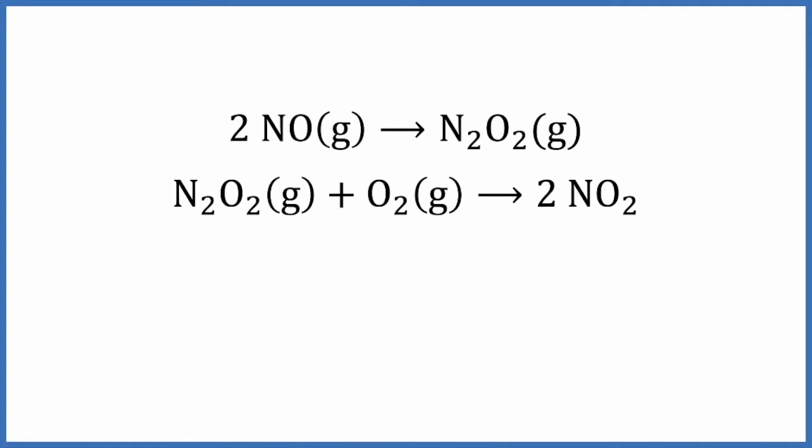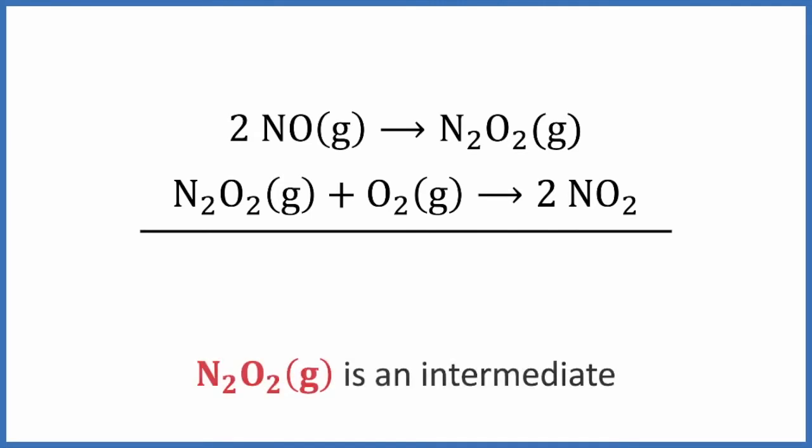The dinitrogen dioxide then goes on to react with oxygen to form 2 moles of nitrogen dioxide. If we added up these elementary reactions, we would get the overall reaction. Notice that the dinitrogen dioxide is an intermediate. It is created in one step, but used up in the next.